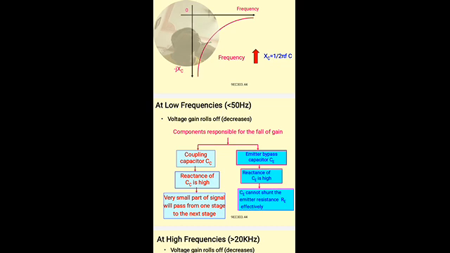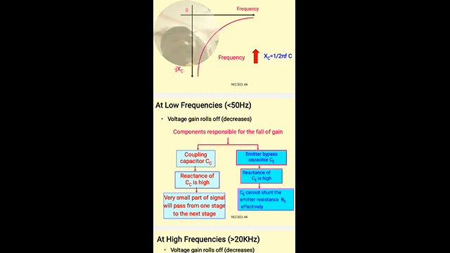Therefore the gain decreases in the low frequency region. The coupling capacitor and the emitter bypass capacitor offer very high reactance to the amplified signal.